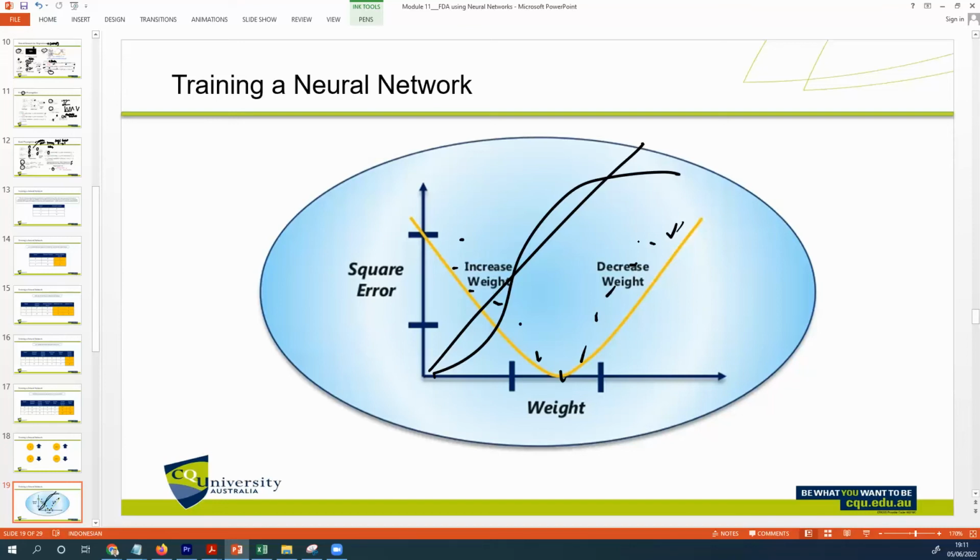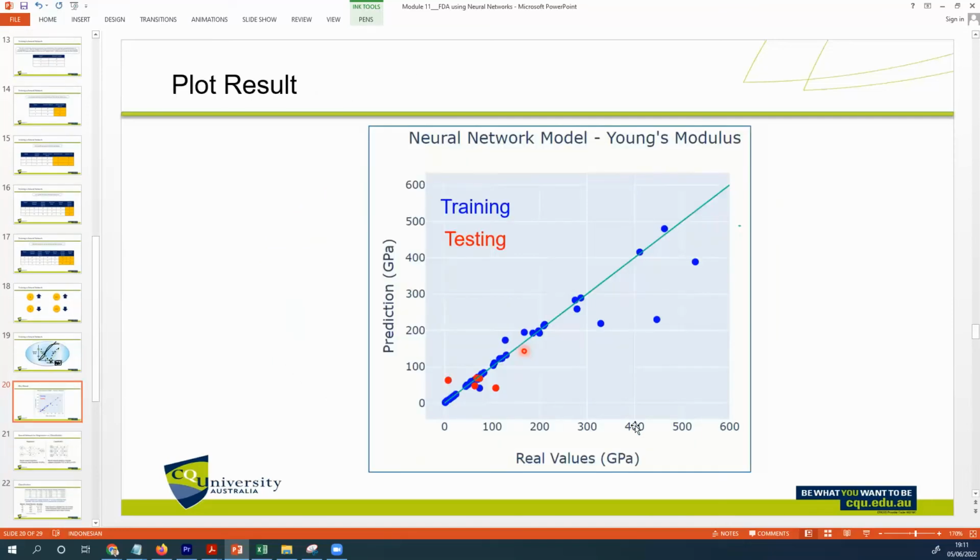So the model learns about the data using bending. We need to bend the line here using the activation function, using the ReLU. Not linear, not sigmoid, but ReLU, the rectified linear unit.